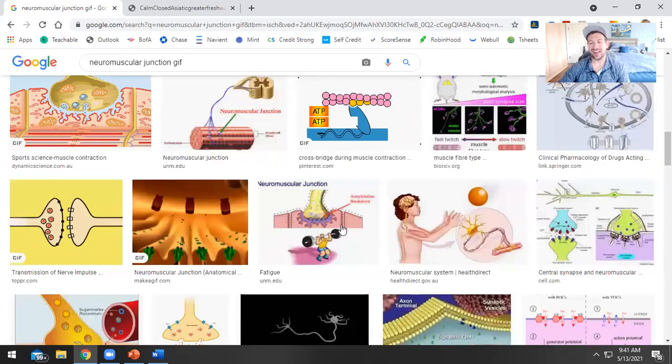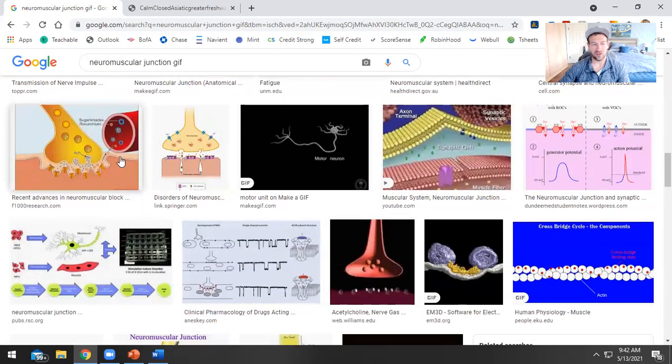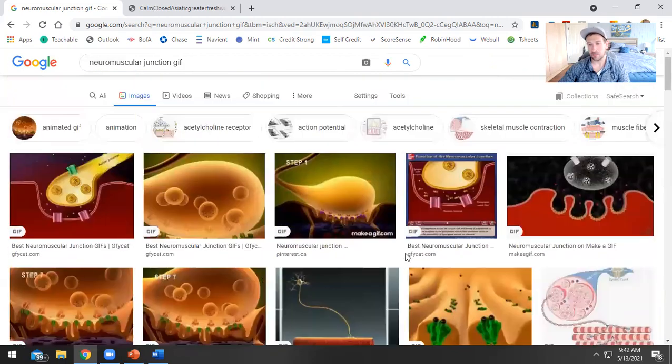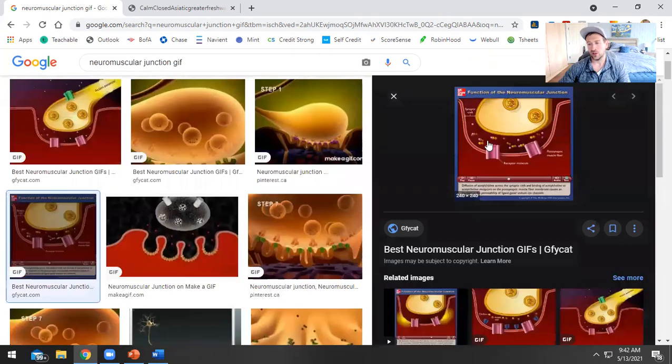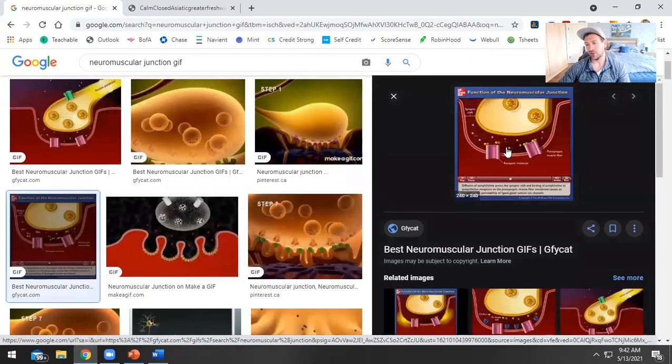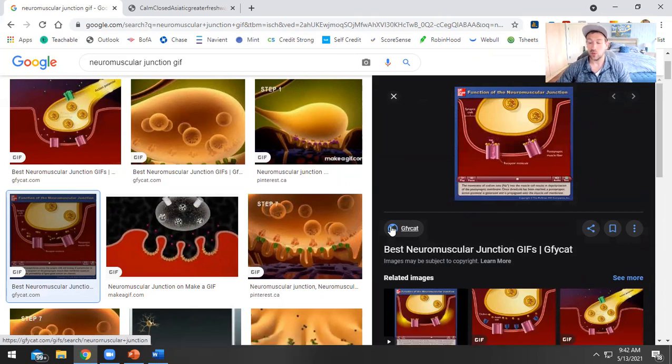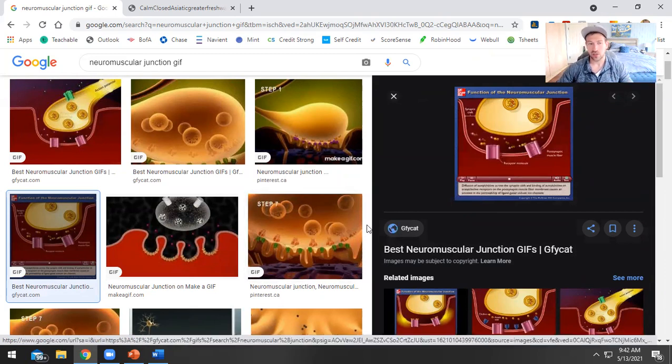So what's going to basically happen is this electrochemical signal will travel down, and like I said, it will release these chemicals here. And when they bind to these receptor sites, electricity will then run throughout the muscle. So the muscle will create its own electric charge.